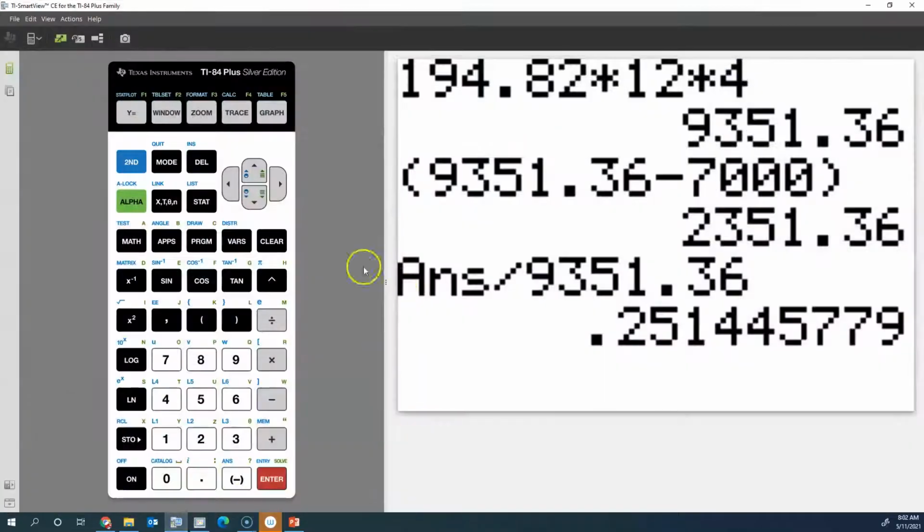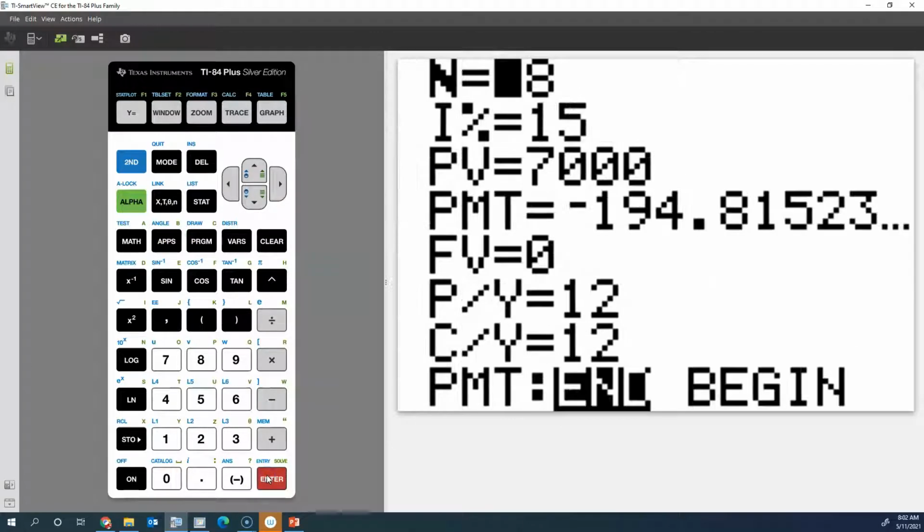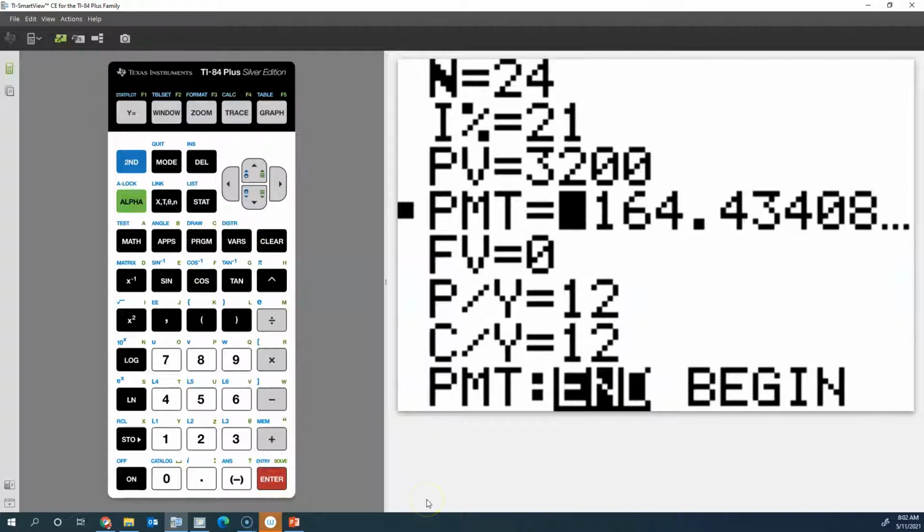And then use the TVM solver. Back to payment, alpha, enter. Okay.